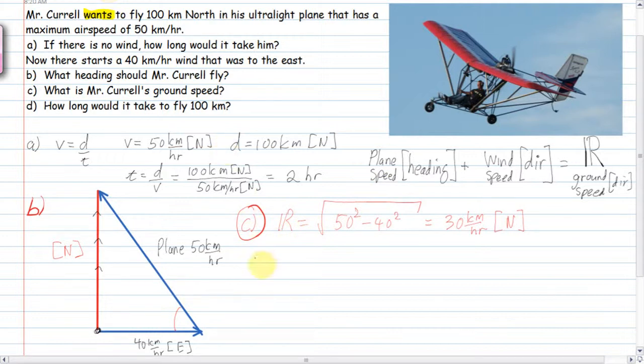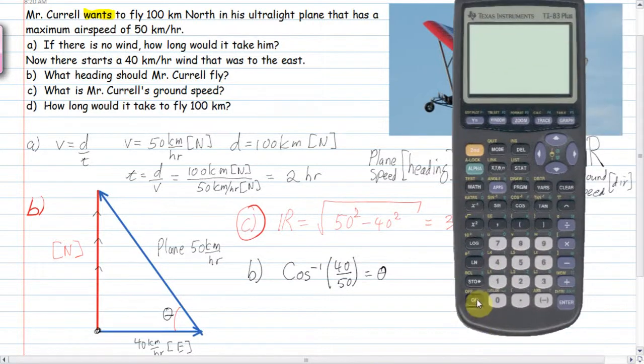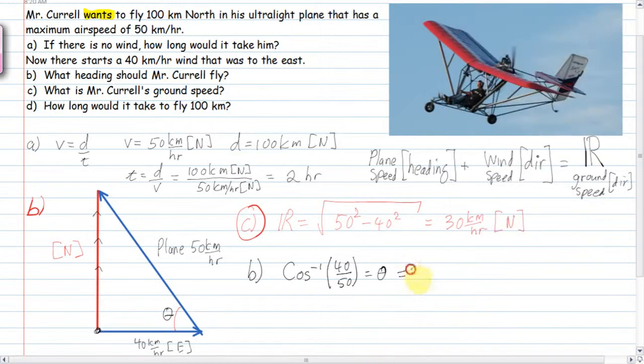So the answer for B would be that's the adjacent, that's the hypotenuse to that angle. So we want to use the cosine. The cosine of 40 over 50, inverse it to get that angle. And let's do the inverse cosine of 40 divided by 50, and that'll give us 36.87 degrees.